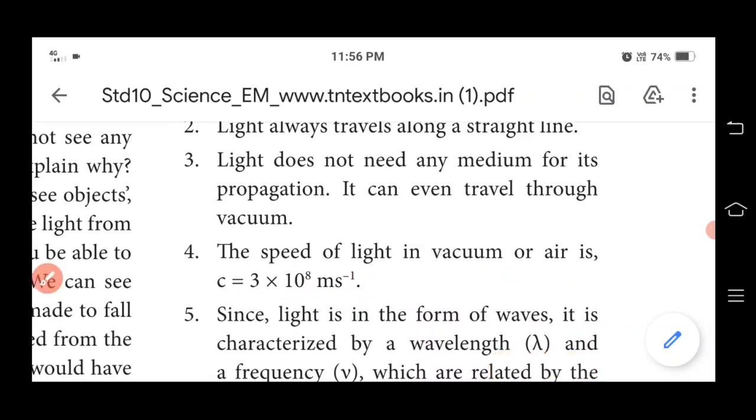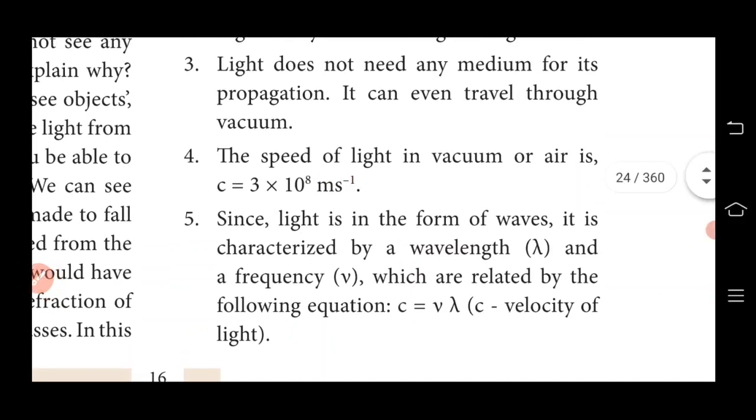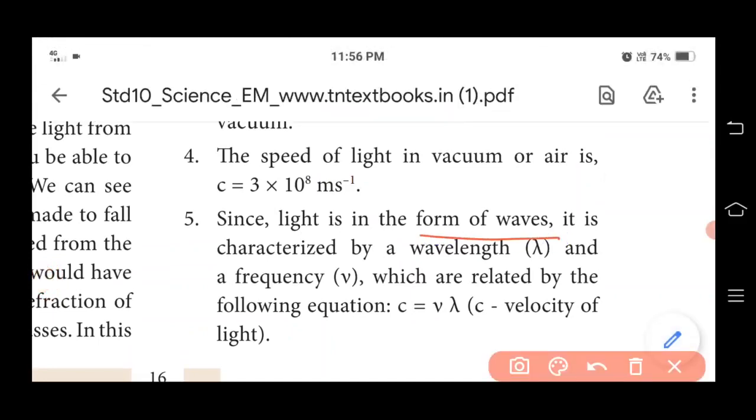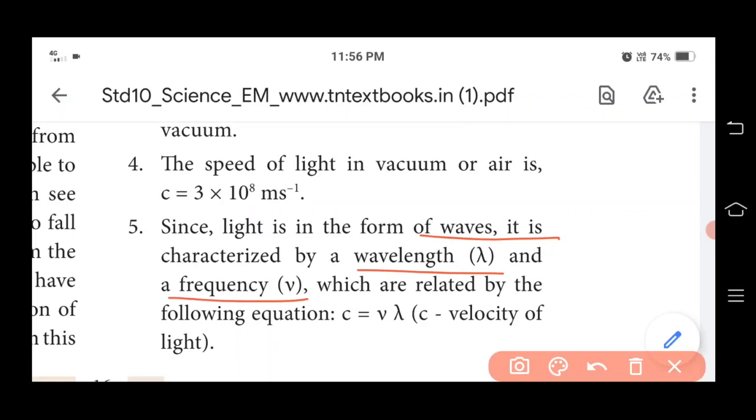And then fifth property, light is in the form of wave. We know that it travels in the form of wave. Hence it is characterized by the wavelength lambda and then frequency nu, which are related by the following equation: c equal to nu into lambda, which is nothing but frequency into wavelength.